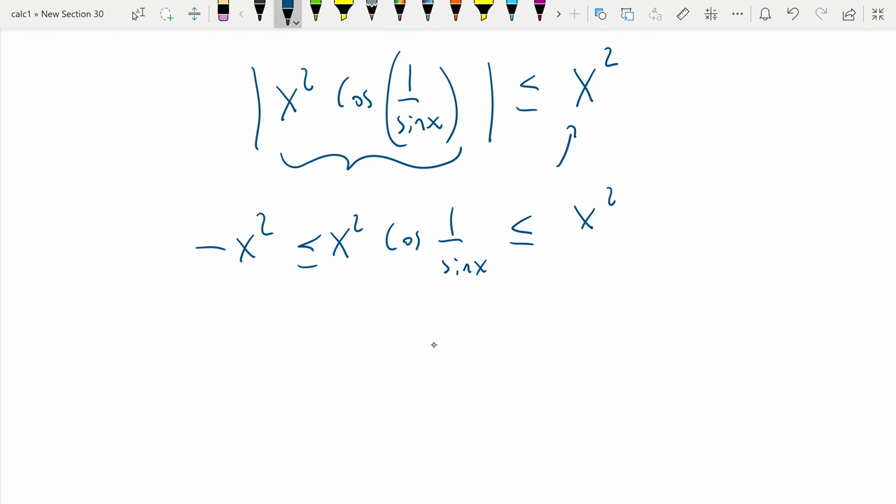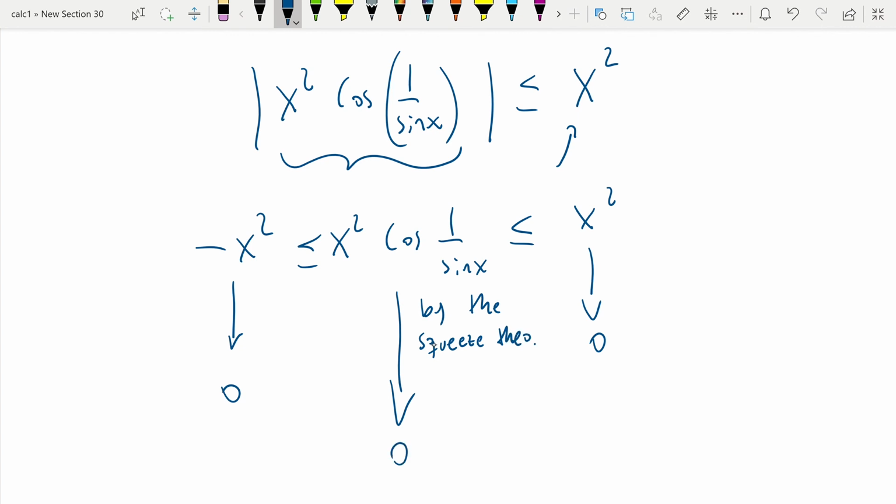We already know that minus x squared goes to 0, and x squared as well. And finally, by the squeeze theorem, this quantity here goes to 0.